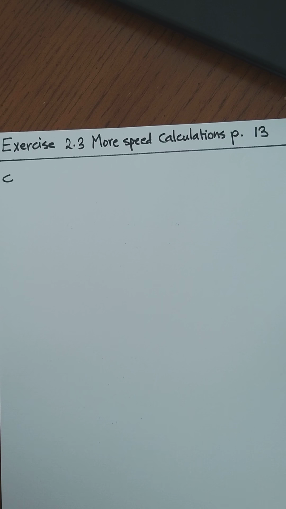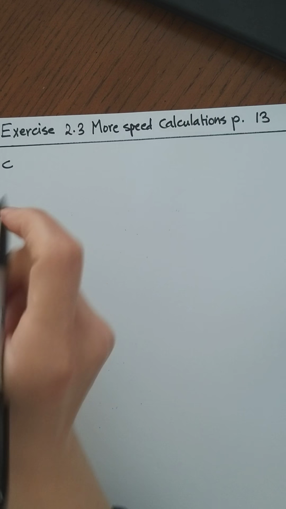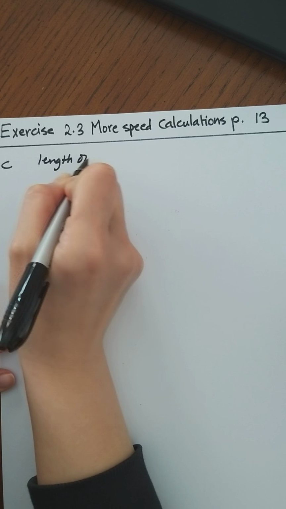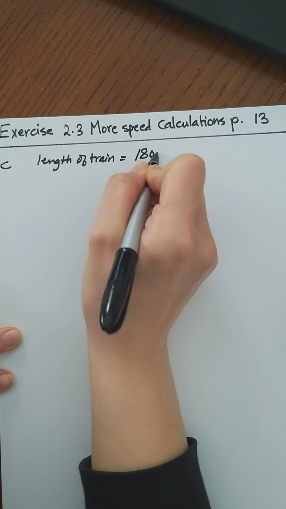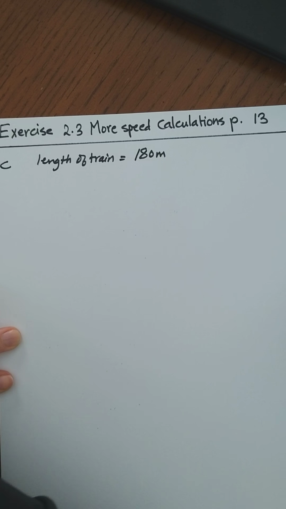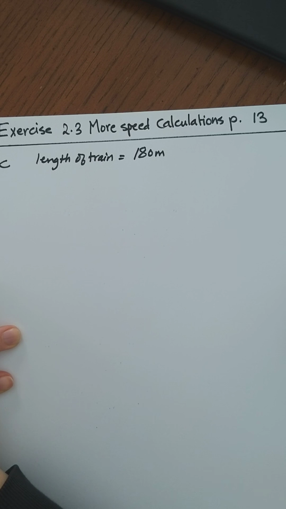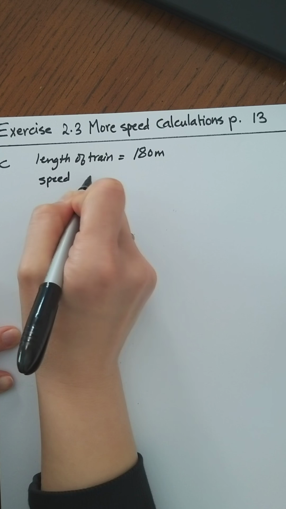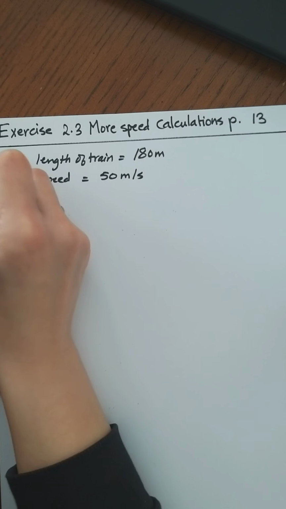A high-speed train is 100 meters long. So the length of the train equals 100 meters. Every bit of information in these questions is very important. It's traveling at 50 meters per second. So the speed of the train, 50 meters per second.